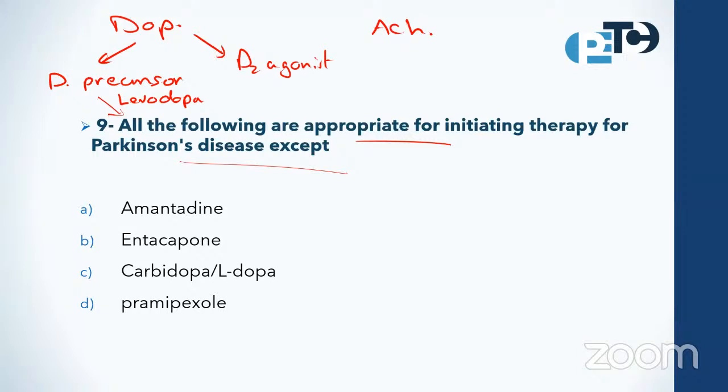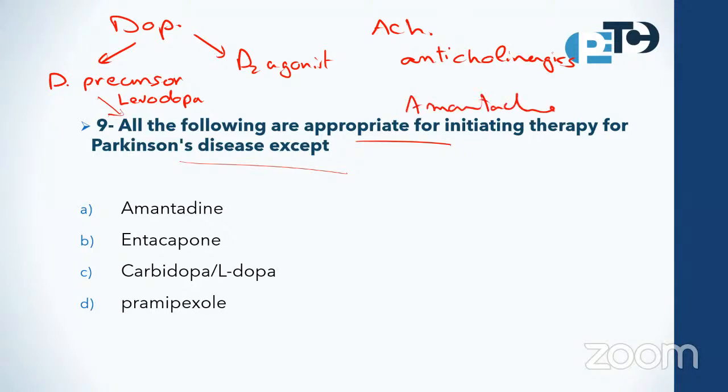Or acetylcholine. What is the type of pharmacological action here? We need an antagonist to acetylcholine. Yes, anticholinergic drugs. Okay, so those are the treatment. Plus, we can use amantadine.